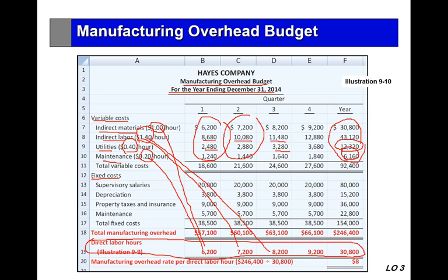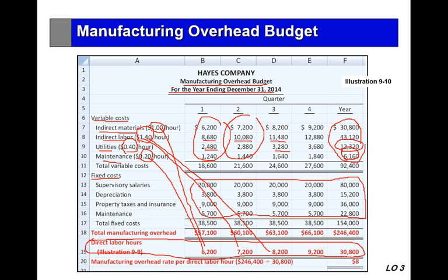Okay, fixed costs. These amounts are given; we assume they are given in the illustration. Then we have supervisory salaries, 20,000 for every quarter, 80,000 for the year. Depreciation, 3,800, 3,800, 3,800, 15,200 for the year.